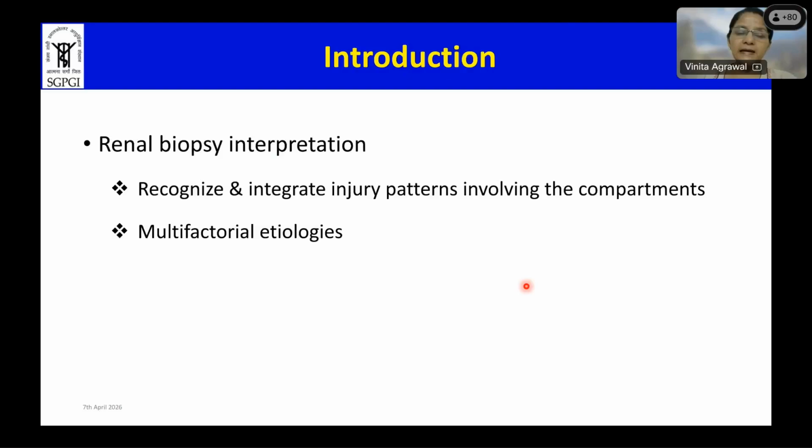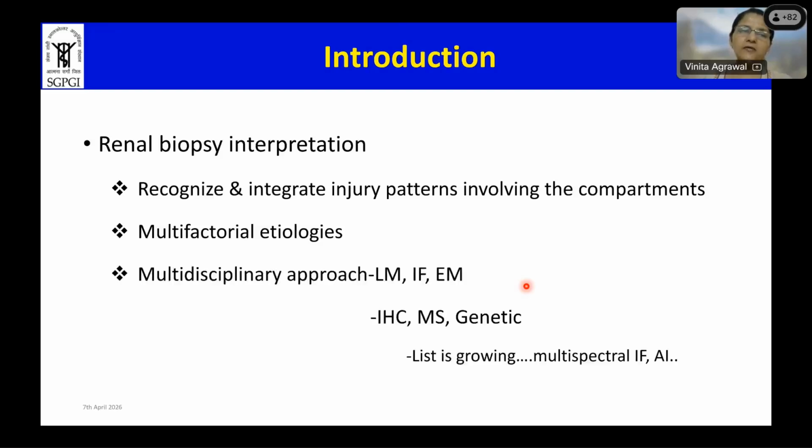Second, there may be multifactorial etiologies present, so you may have multiple things going on in the kidney and you need to recognize and report each of them. The other thing is that you're not able to make a diagnosis just on light microscopy. You need a multidisciplinary approach in which you integrate the immunofluorescence findings, the light microscopy, and then, if you have the luxury of EM, look at EM and make a perfect diagnosis.